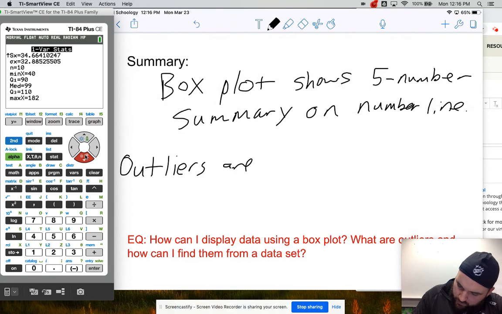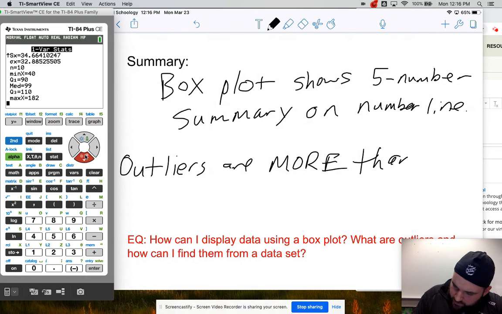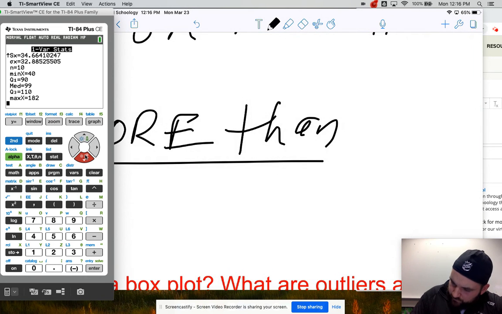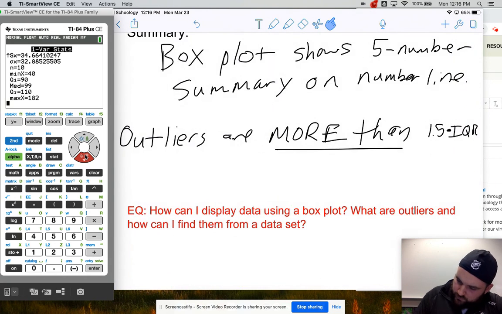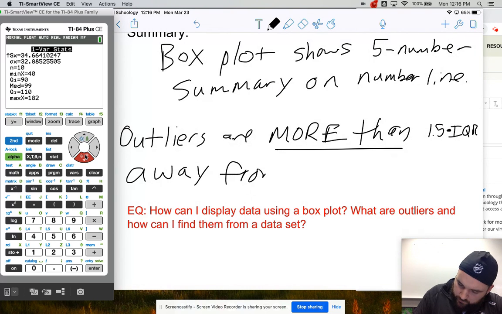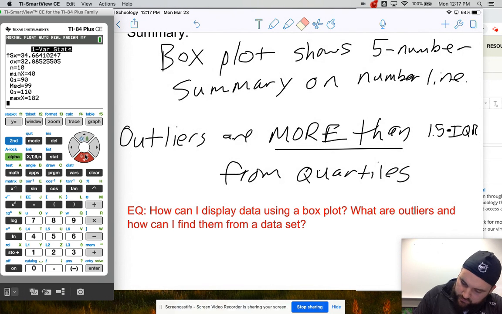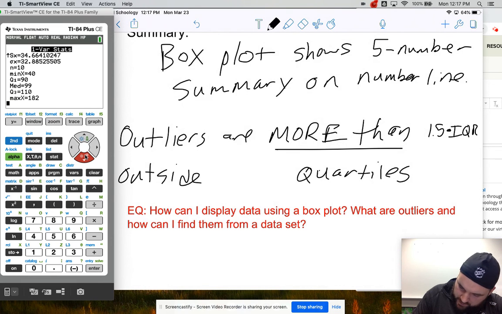Outliers are more than 1.5 times the IQR away from the quartiles. I'm going to say outside the quartiles.